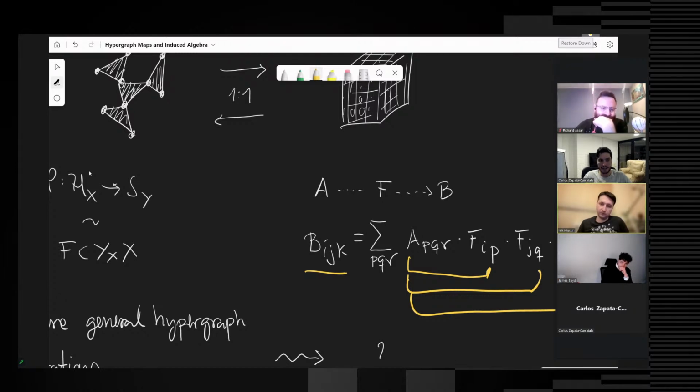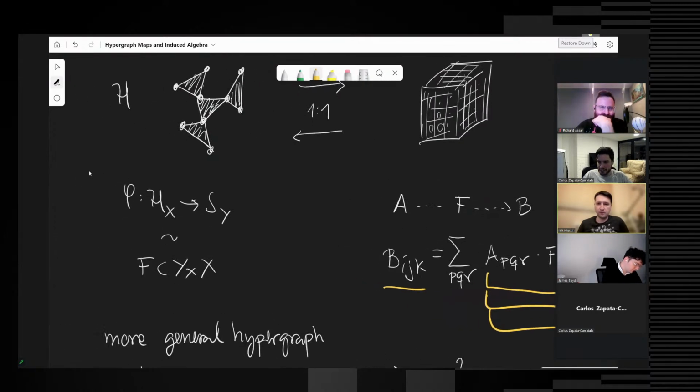Now, I think that the main ambiguity is in ordering. And as Nick says, this is a perfectly well-defined operation, right? And we know it's well-defined because it comes from a map. So if you're ever worried that you're not defining things well, you just go back to a hypergraph, map things with a map, and then output the hypermatrix, right?